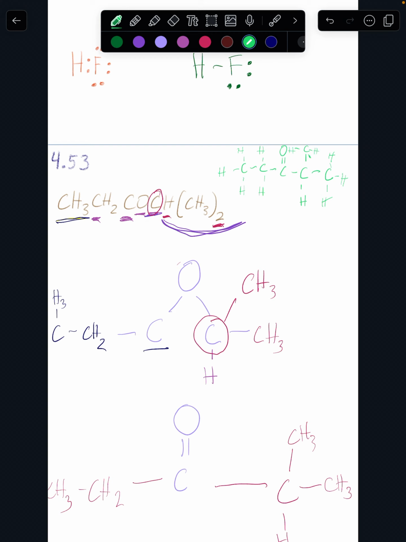And just because I'm running out of room, I'm going to put it off to the side there. Make sure you can tell that those aren't connected. And so this here would be your final answer.